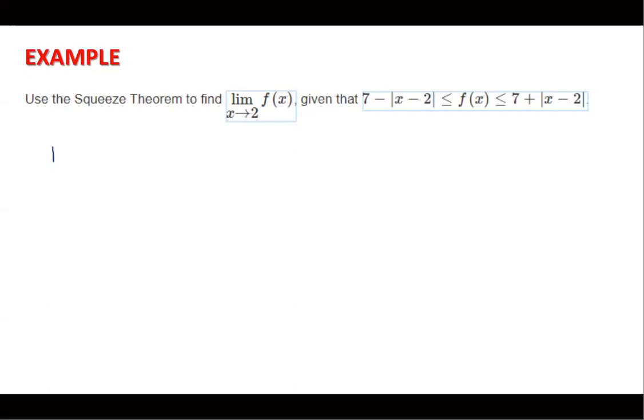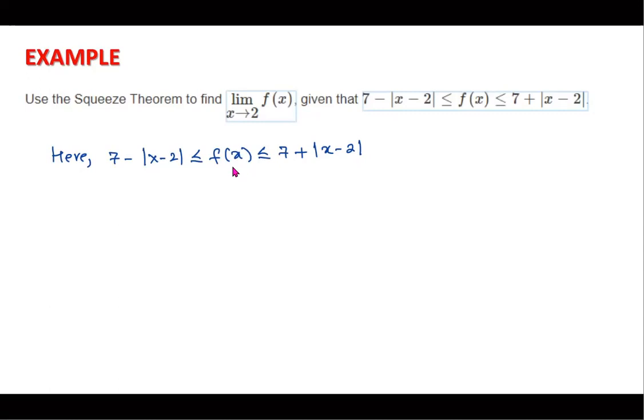So what is given here is 7 minus the absolute value of x minus 2 is less than or equal to f of x is less than or equal to 7 plus the absolute value of x minus 2. So the meaning of that is the function f of x is squeezed between this function and this function. So this function f of x is more than this, but less than this one.